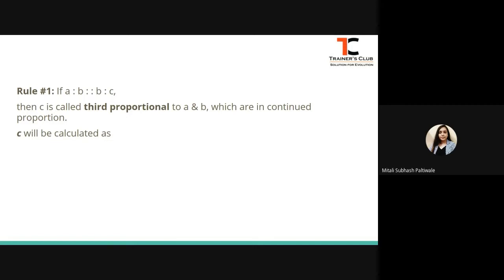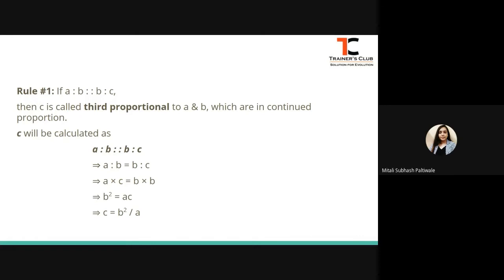Now C will be calculated as: A is to B is equal to B is to C, so A into C and B into B, as in we multiply extremes and means. Now B square is equal to AC, and to get C, C will be B square by A. So that will be your third proportional.